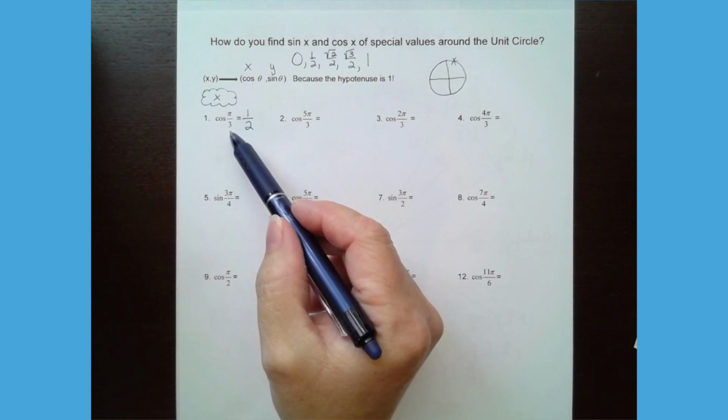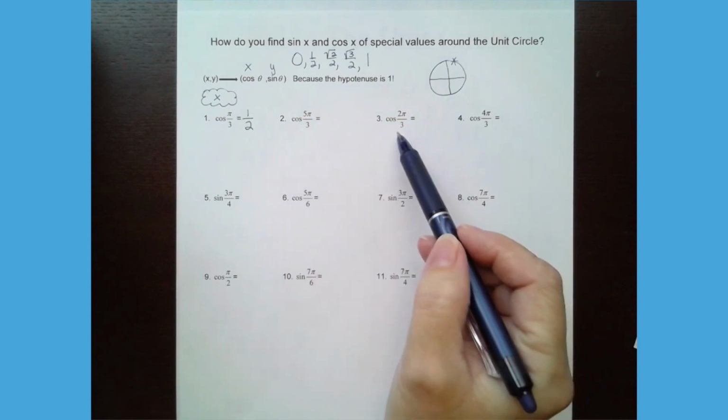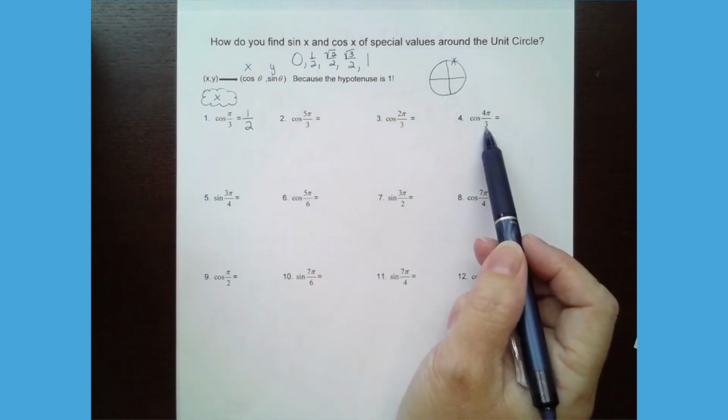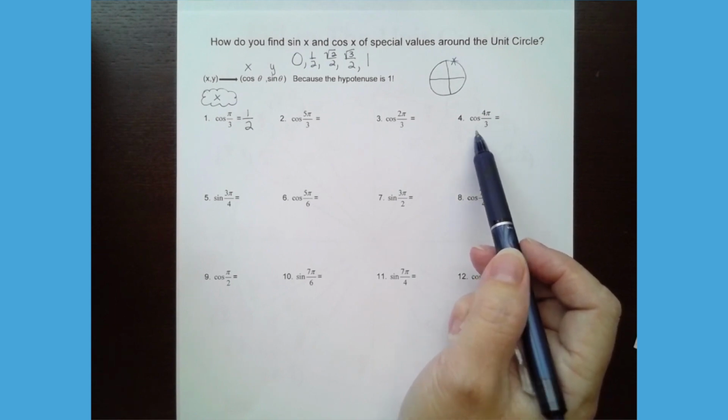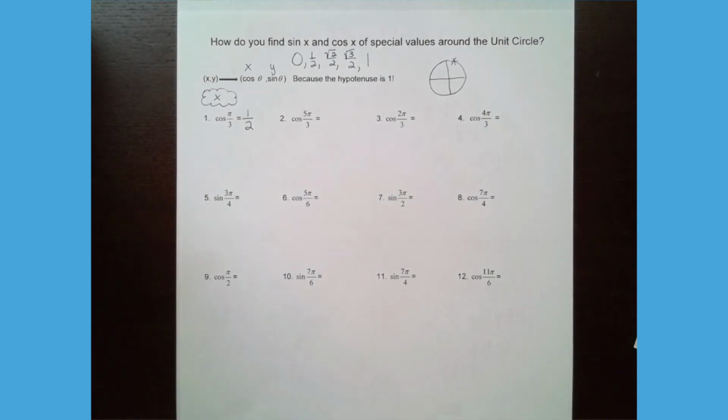What's really neat is that all of the radian measures, the pi people, not the degree people, that have a denominator of 3 go with that same 60 degree triangle. We've already talked about that in the videos before. So if they all come from the same triangle, they all have the same x value.